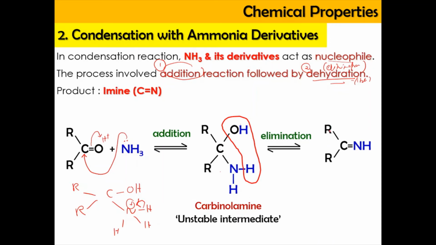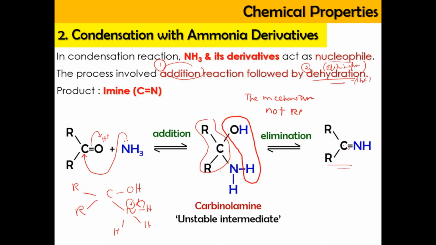So it's going to become R, C, R, which is here. And then this C and N are going to form a double bond, and then NH. Okay, and these are the steps, which is two-step addition and elimination. However, the mechanism here is not required for your level.